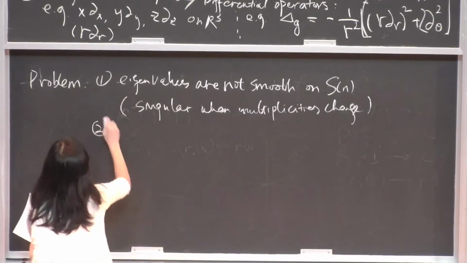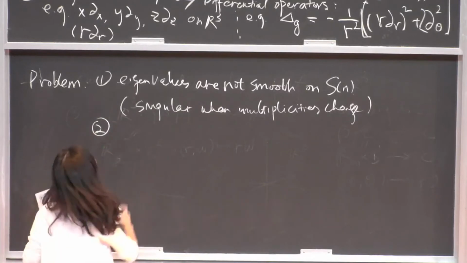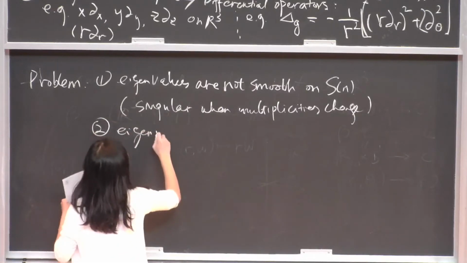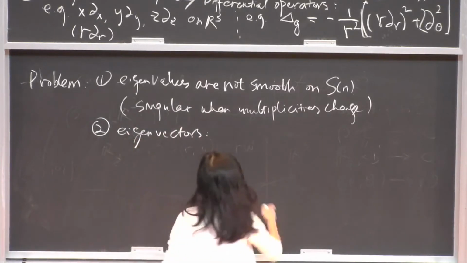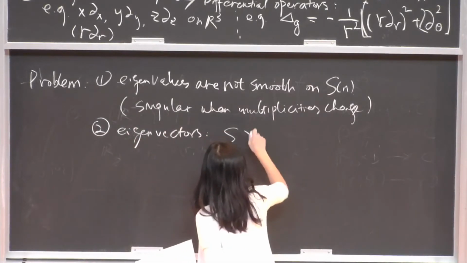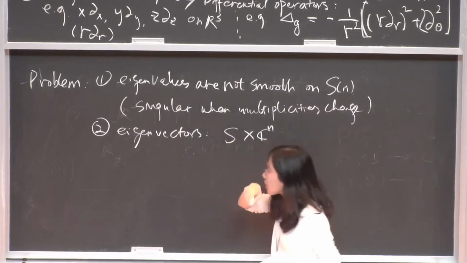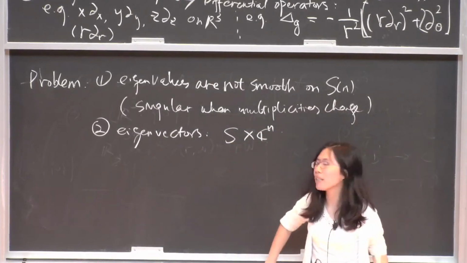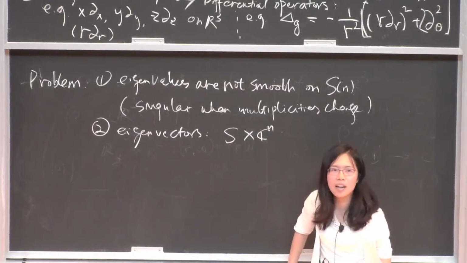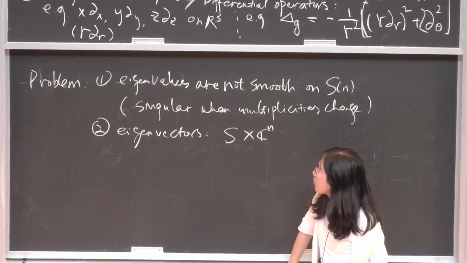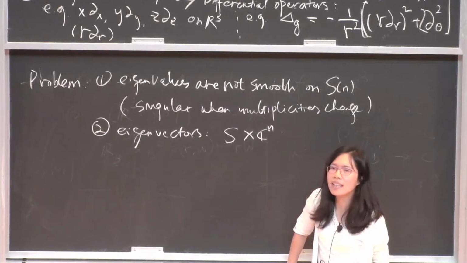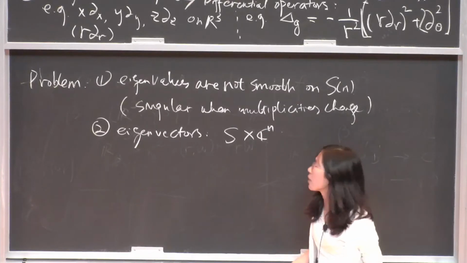The second related question is that I also want to study eigenvectors. Consider the following trivial bundle: I take one element in the space of symmetric matrices, and I take Cn. Then, of course, I have n eigenvectors.